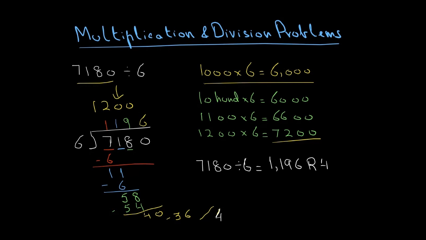So you can see that my estimate, which was 1,200, is not bad when I calculate the exact answer to be 1,196. The problem is that the number of cars is 4 times the number of motorcycles in a town. So the number of cars is going to be 4 times as much. If this is the number of motorbikes, then the number of cars is going to be 4 times as much.